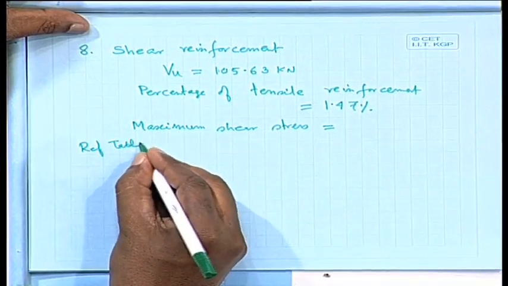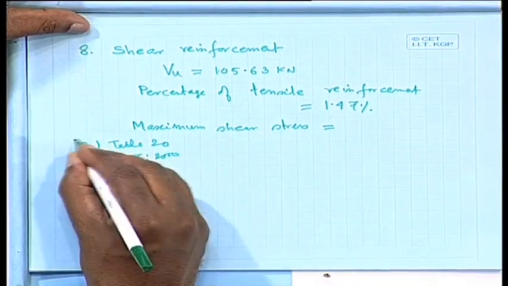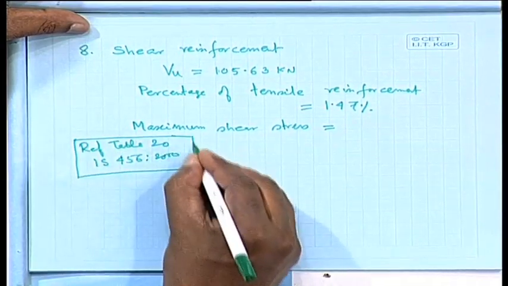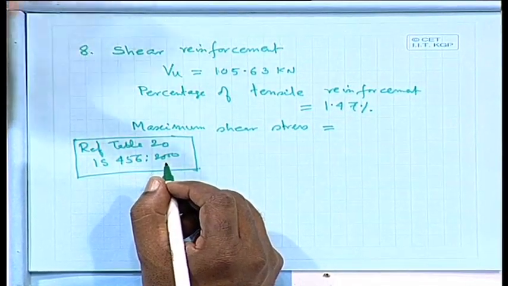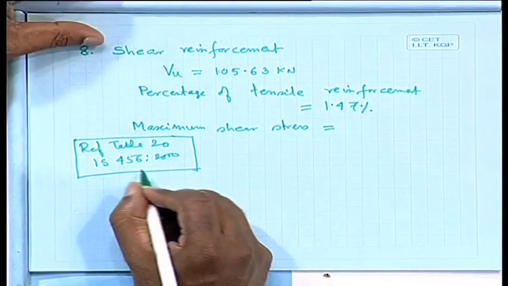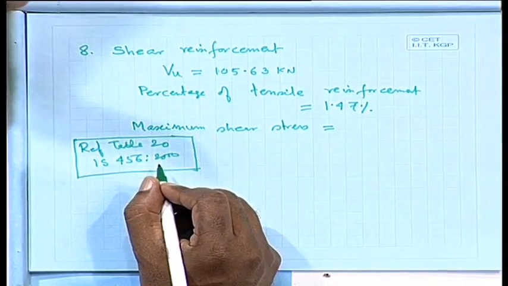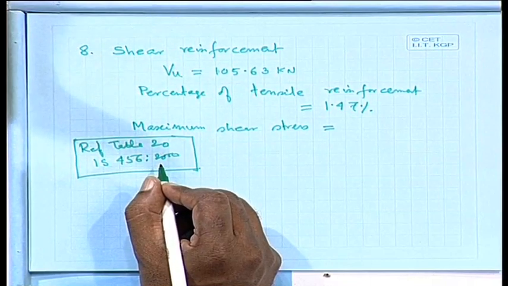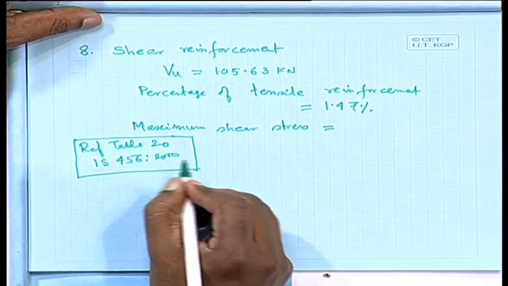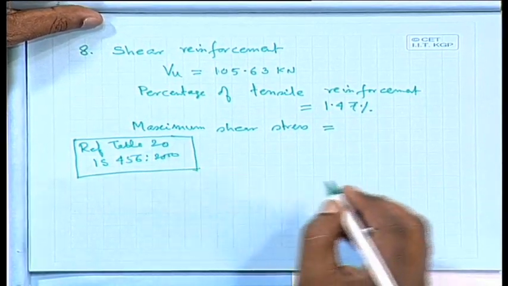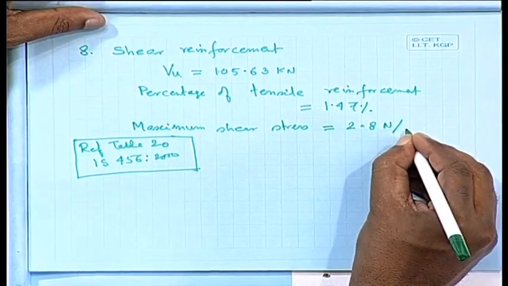Refer table 20 IS 456. And whenever you are mentioning that code, you should also mention the year, because there are so many revisions. 1978 IS 456 may have some other number. So, you should always mention the year of publication, that when it is revised. So, maximum shear stress we are getting 2.8 Newton per square millimeter.